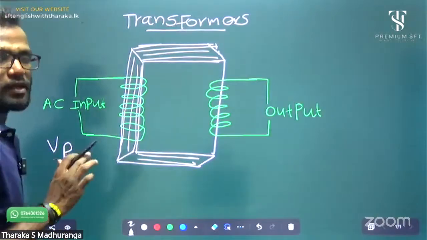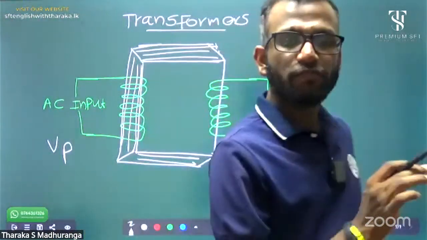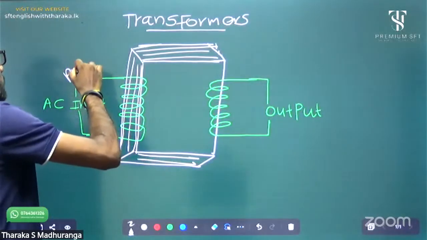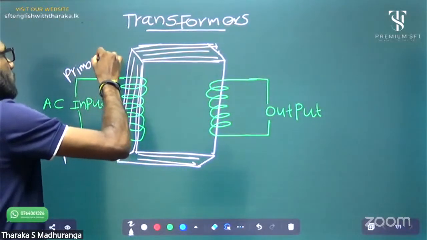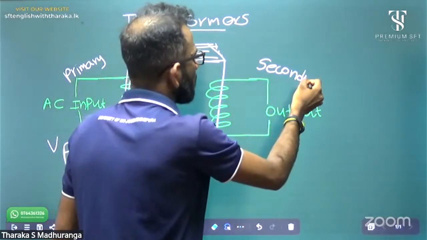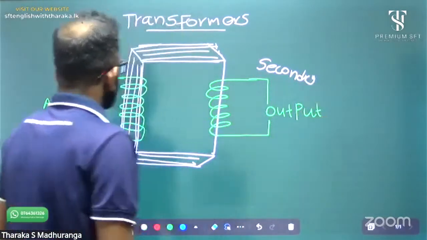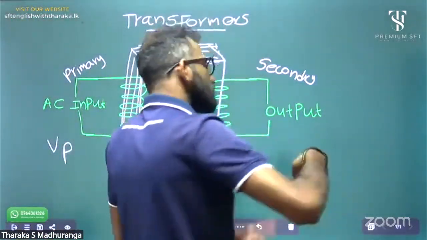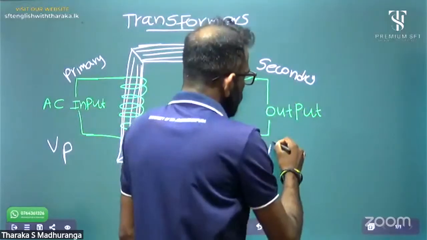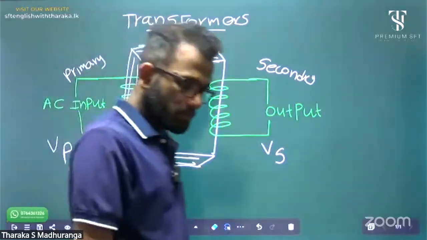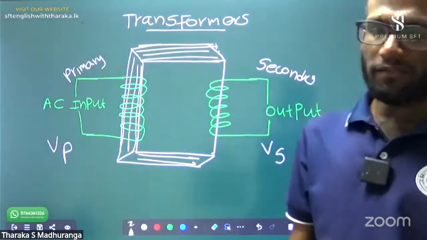Voltage of primary coil, voltage of primary winding. This is a primary. This is a secondary. Remember, voltage of secondary coil, or potential difference of secondary coil, we call VS. Up to now, okay? VP and VS.